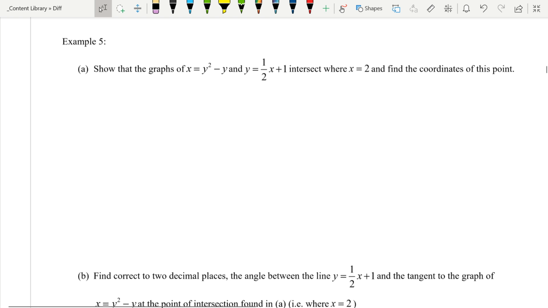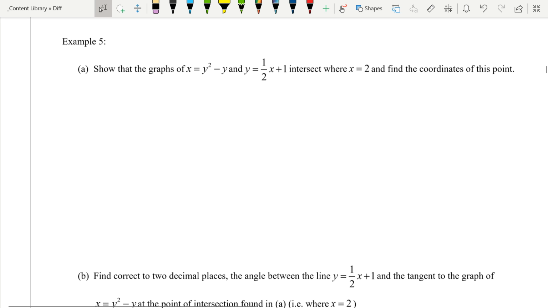Okay, show that the graphs of x equals y squared minus y. My first question is, how do you sketch x equals y squared minus y? What does the graph look like? I think you should know what the graph looks like. So it's the graph flipped 90 degrees, going this way.